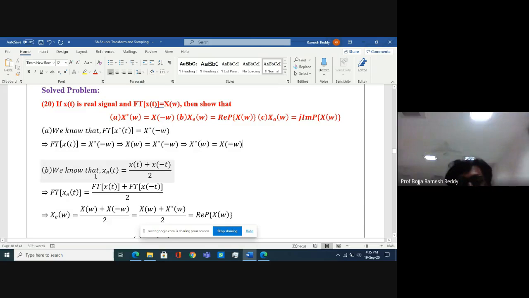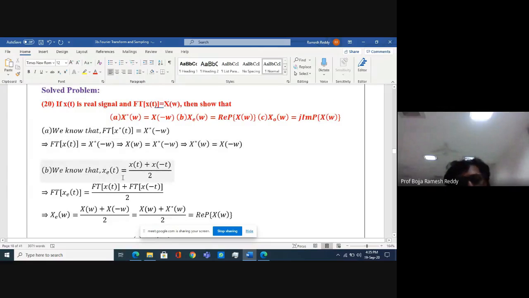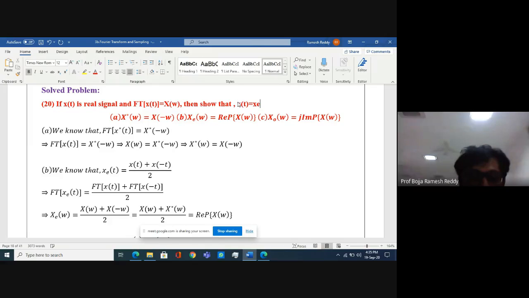Part B is nothing but this is given in some problem in GATE examination. Sometimes they will give x of t, the original signal. Any signal can be represented as the sum of even part and odd part. Any signal x of t can be written as xe of t plus xo of t.